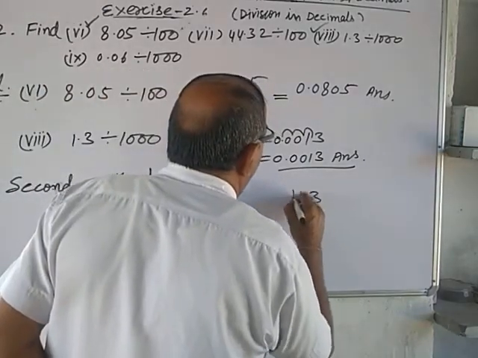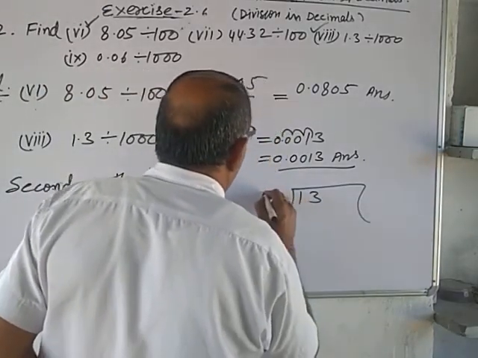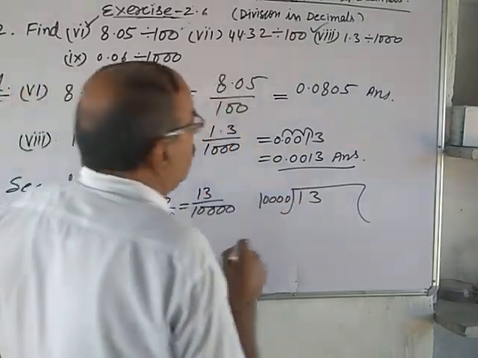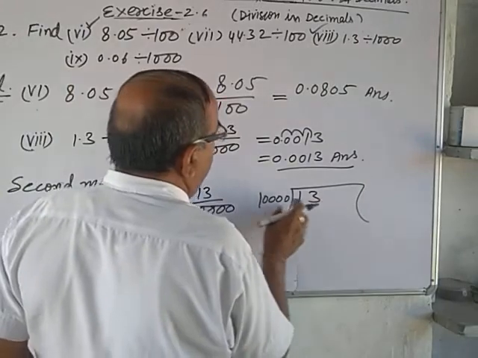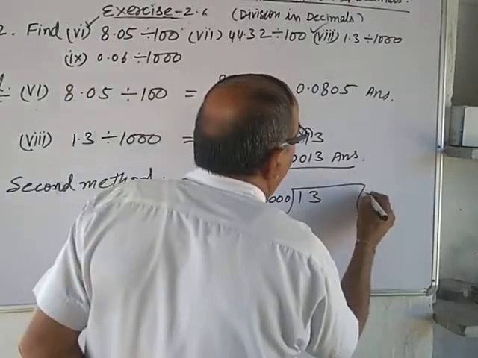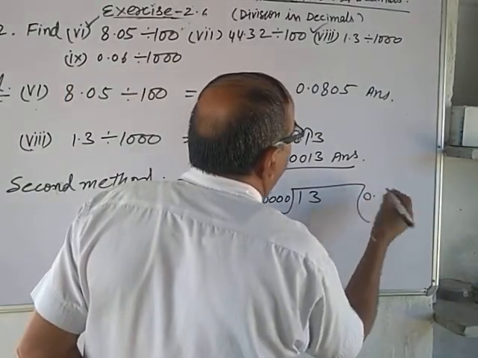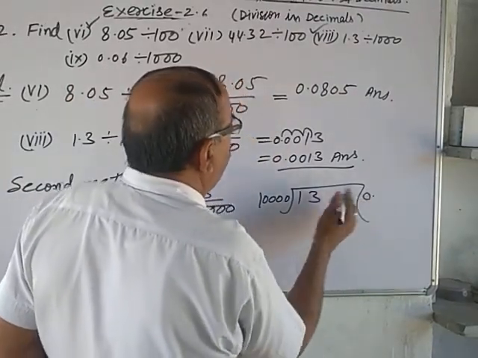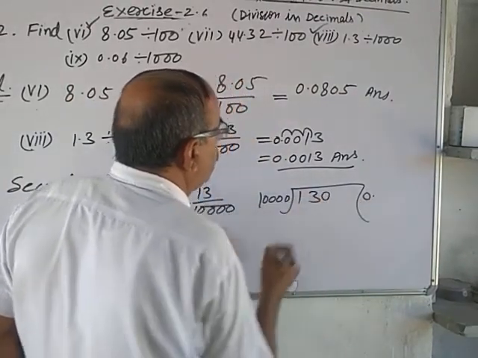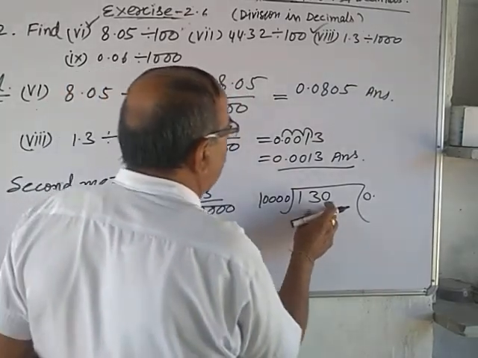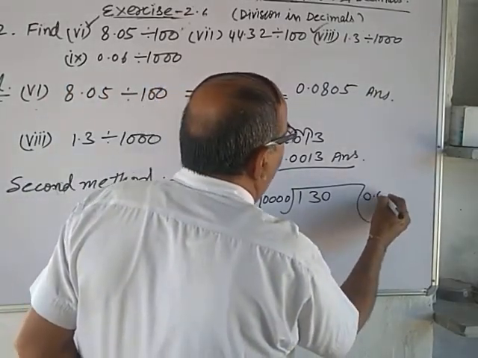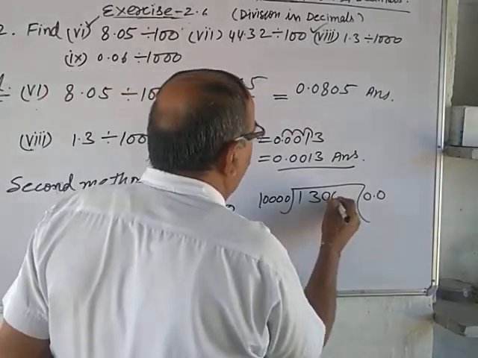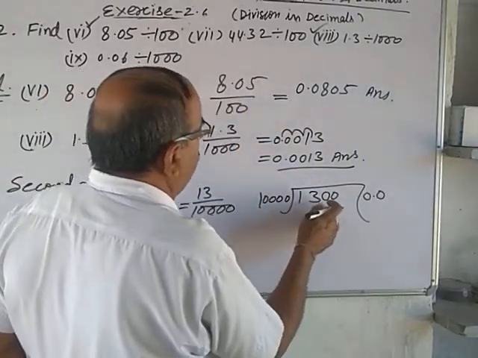Start the division. 10,000. 13 is less than 10,000, so there is no division and the result is 0, and put the point and put the 0 with the 13, it becomes 130. There is no division, and put 0, 1300.